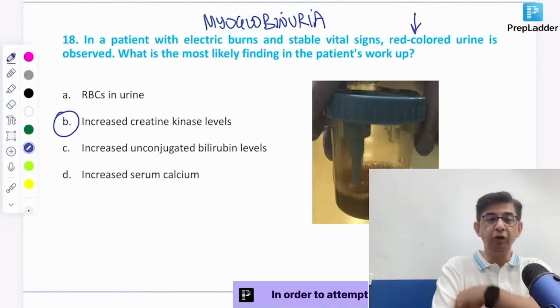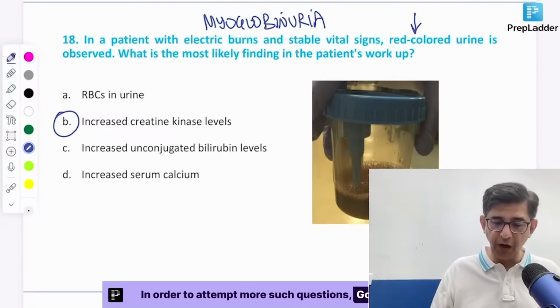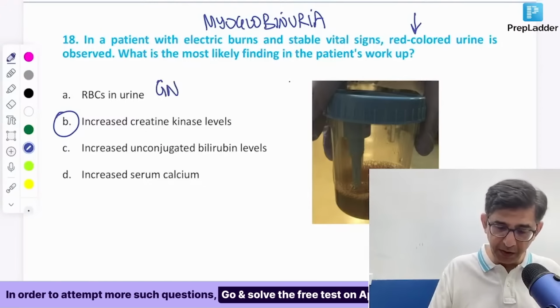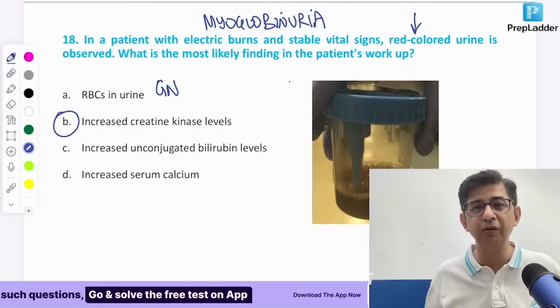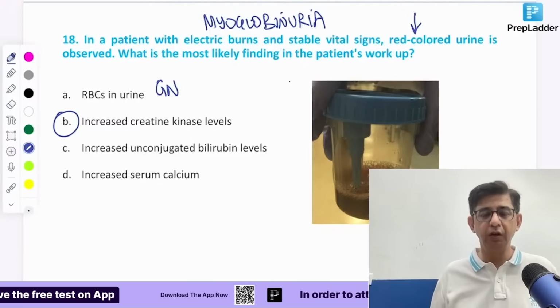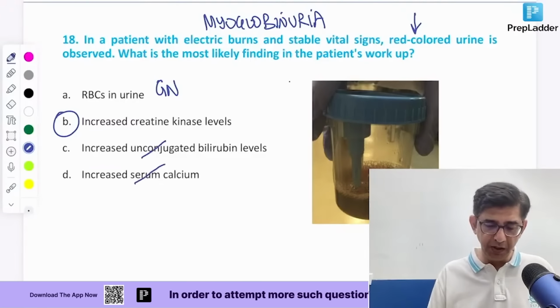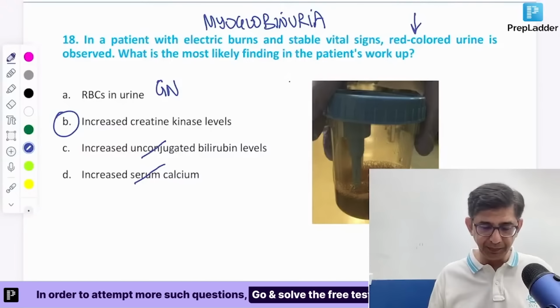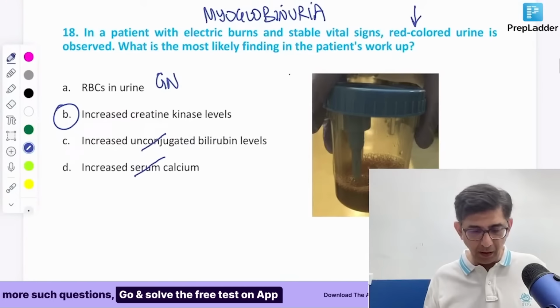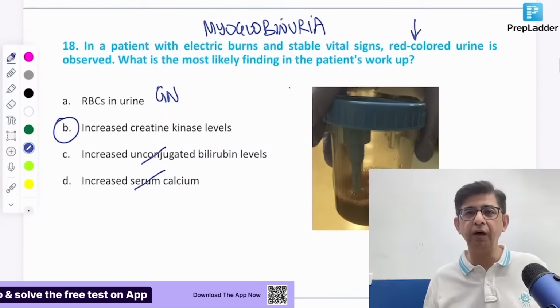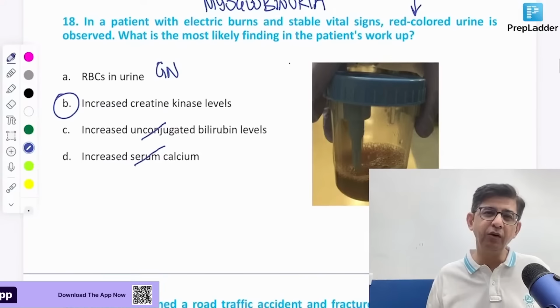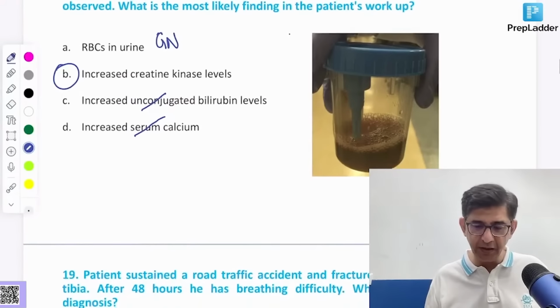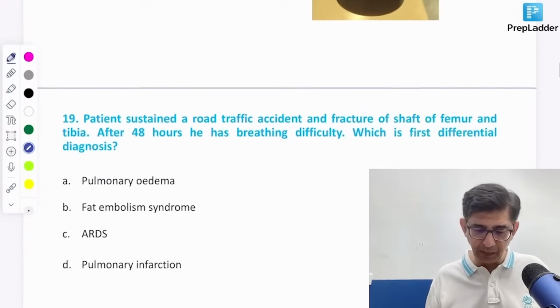If this question was on glomerulonephritis, I would have thought in terms of RBCs in the urine, but this is not glomerulonephritis, it is myoglobinuria. The remaining two options are dummy choices, calcium and conjugated one. Here the RBC part would be lesser, it's mainly going to be muscle. Increased CK-MM levels.